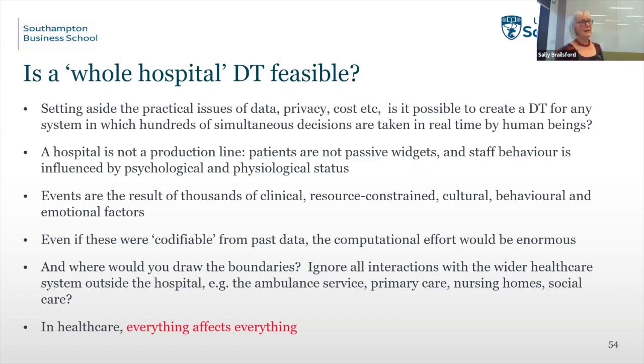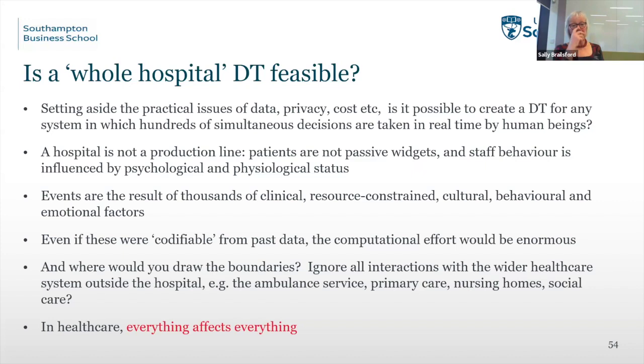So even if you had a vast database of past data that you could somehow put into a large language model and get it to predict what would happen in a particular circumstance, you're talking about an astronomically large number of different scenarios for even the most trivial things, like, do I take this patient to the toilet now or do I leave it for 10 minutes? Just try and imagine the computational effort you would need.